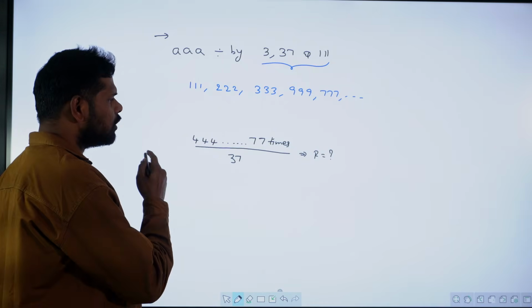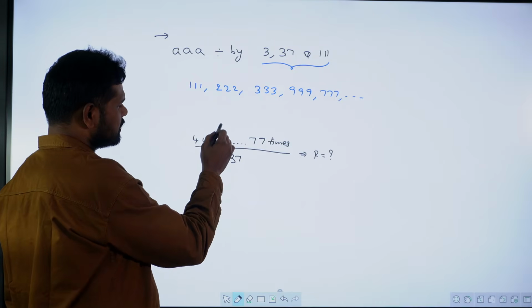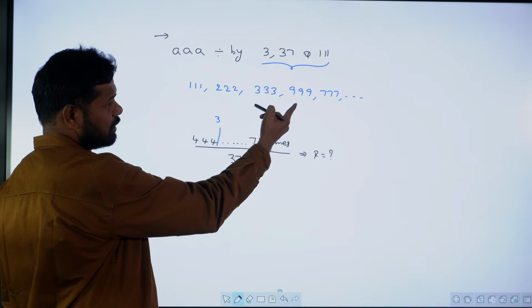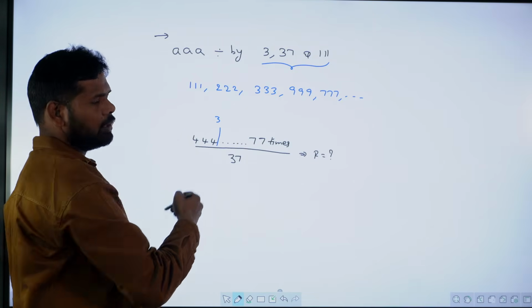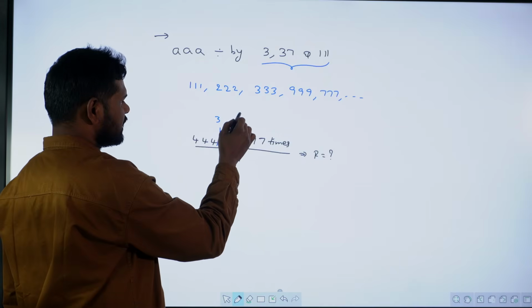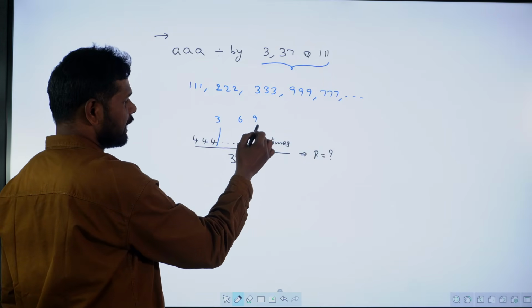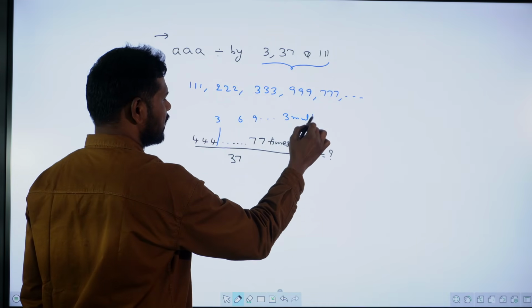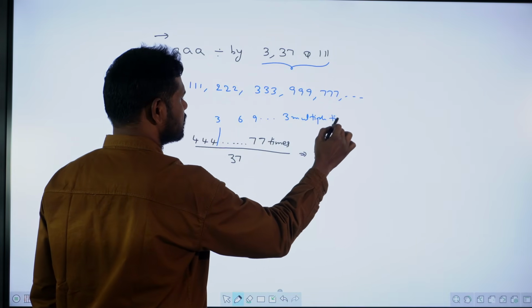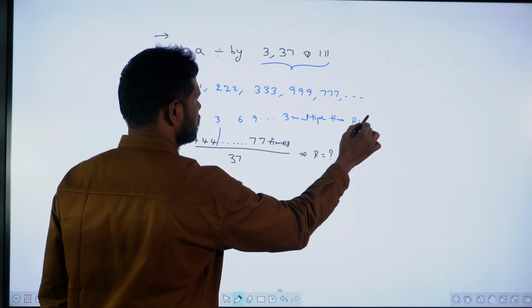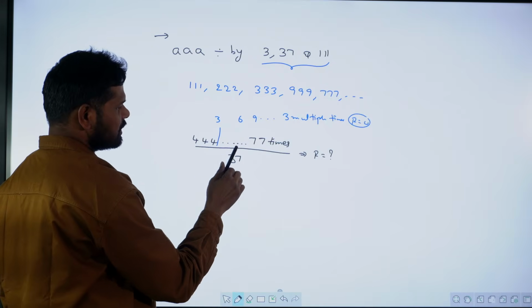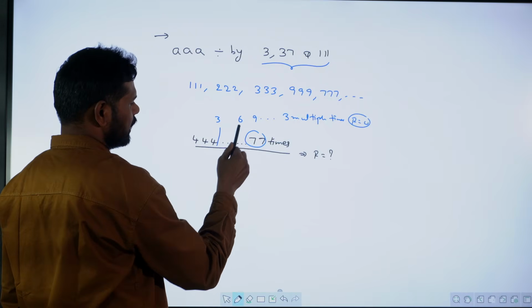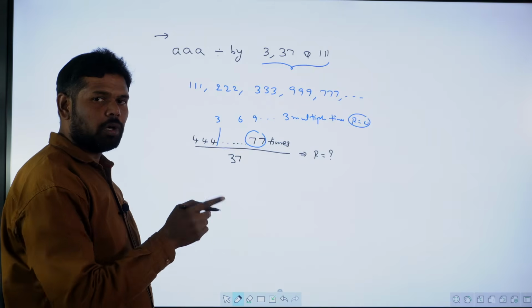So 4, 4, 4. If it is 3 times, what is the remainder? With 3 fours, according to that rule, the remainder is 0. If it is 6 times, the remainder is 0. If it is 9 times, 0. If it is a multiple of 3 times, the remainder is 0. Just observe, 75 is a multiple of 3.